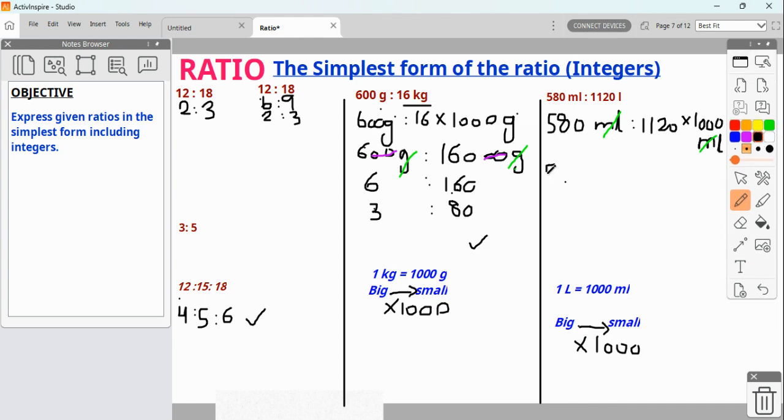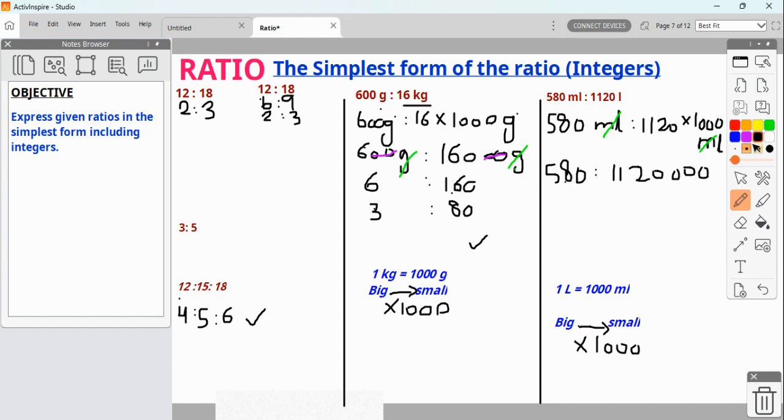And here what we got, 580 ratio 1120 multiplied by 1000, and we will get the answer after multiplication. We got this answer.